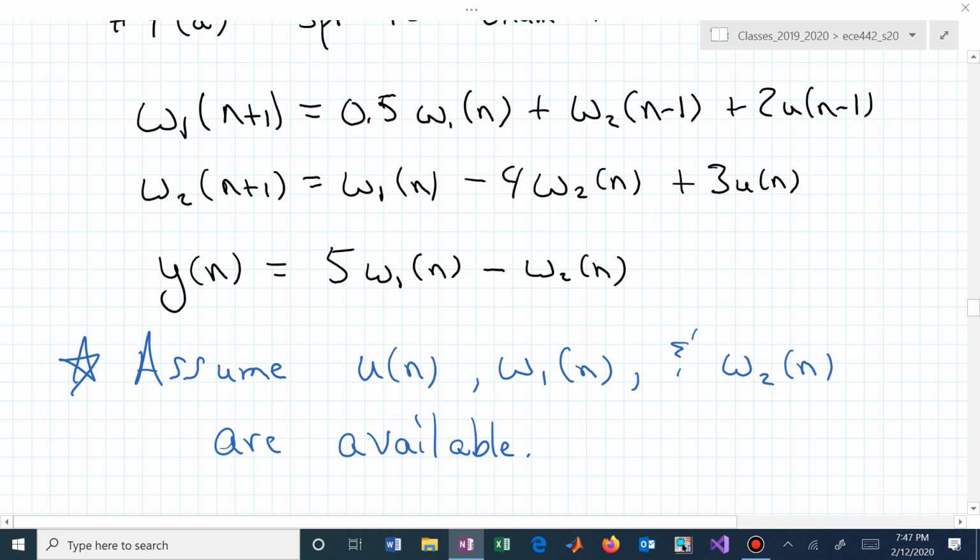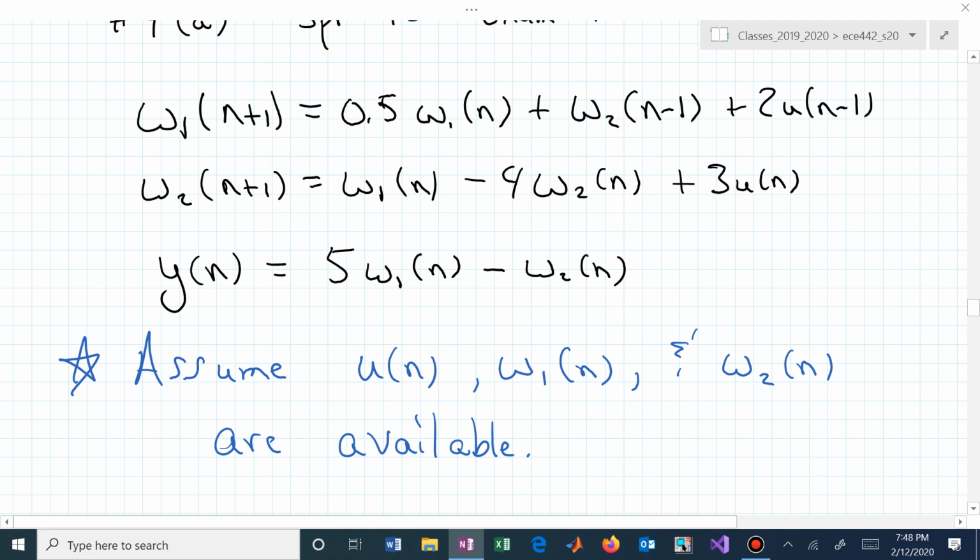Is it clear what I'm wanting to do? I want to rewrite that first equation as W1 of n equals 0.5 W1 of what? N minus 1. Since I reduced the argument by 1 on the left, I have to reduce the argument of everything on the right by 1.